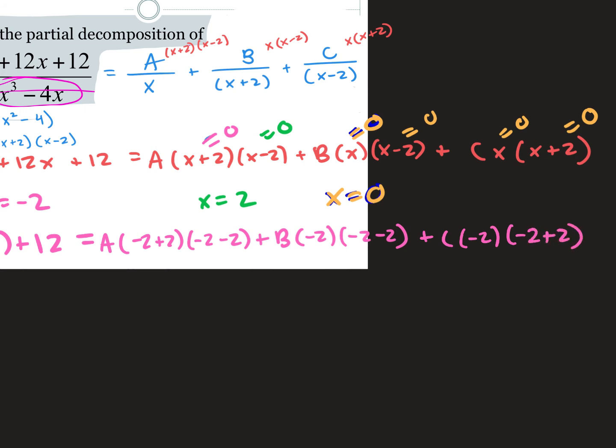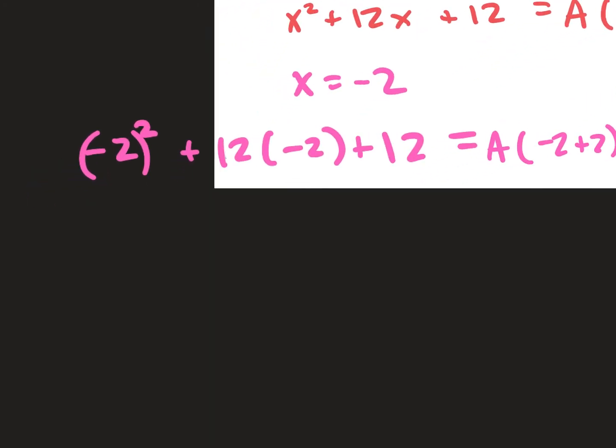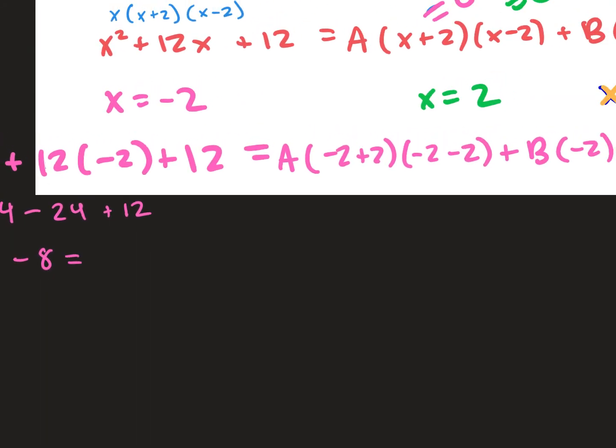All right, so working out the left side, -2 squared is 4, minus 24, plus 12. So this would be -8. And then that's equal to, what is -2 plus 2? 0. So if this is 0, this whole thing cancels out here, because it doesn't matter what A is, and it doesn't matter what -2 minus 2 is, because it's 0.